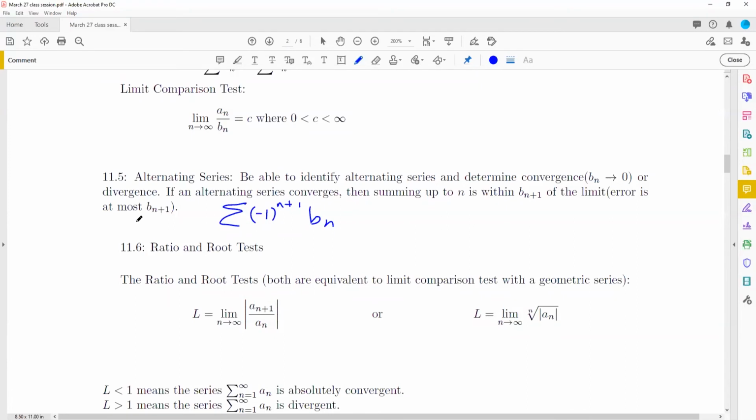You can't have any that's larger than the previous one. And they have to converge to 0. If that's the case, then it's going to converge.